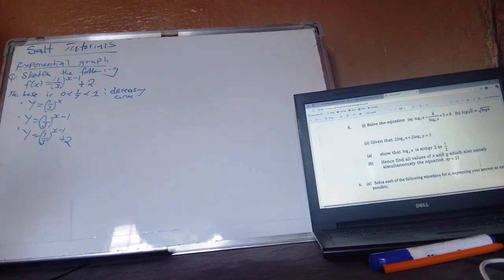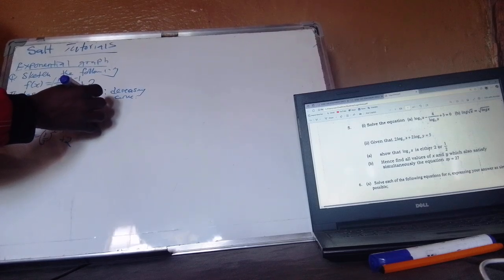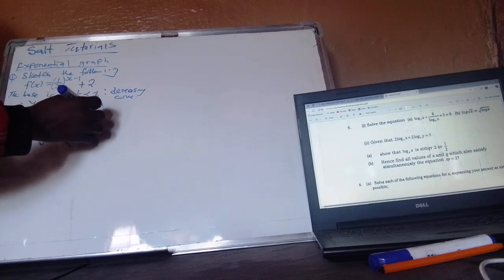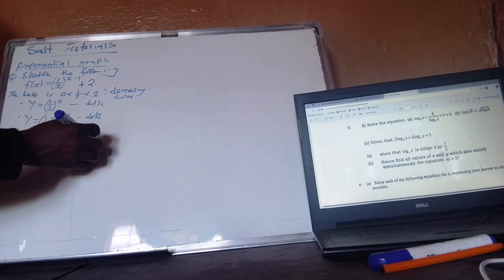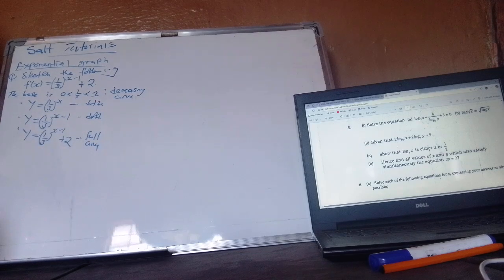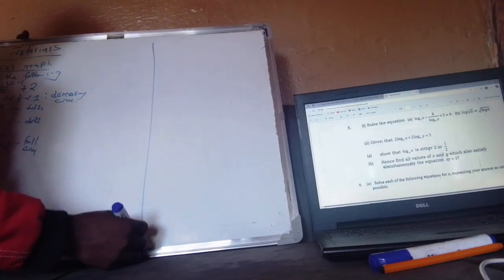Okay, so from there, let's sketch. This will be dotted, this will be dotted, this will be a full curve because it's the final function. Okay, let's start. So this will be my Cartesian plane.